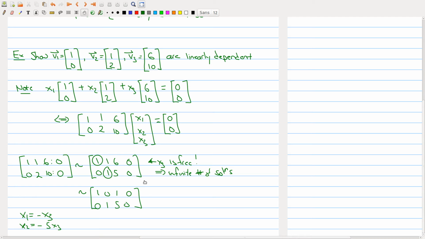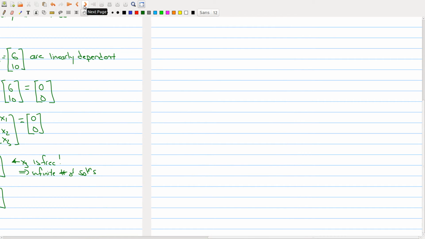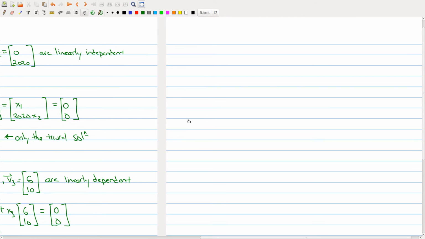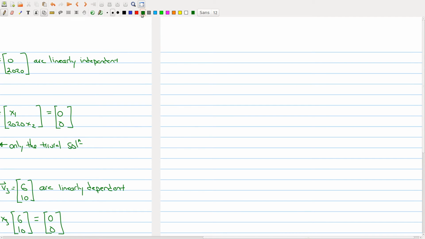I'll go over to my next page to finish up here. So all solutions have the form (x1, x2, x3) equaling x3 times the vector (-1, 5, 1).